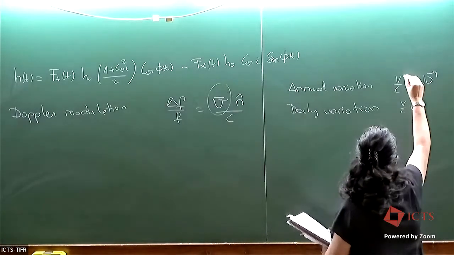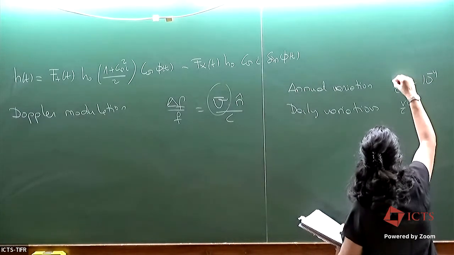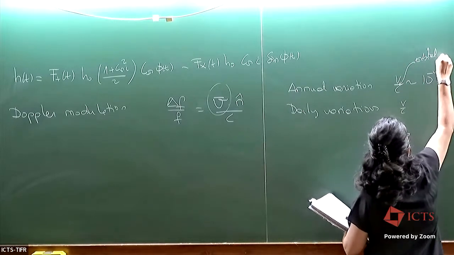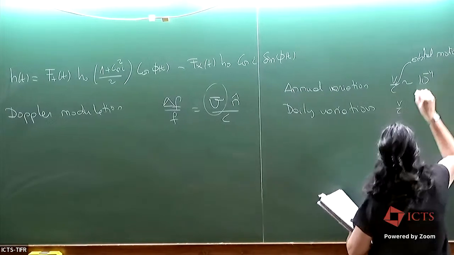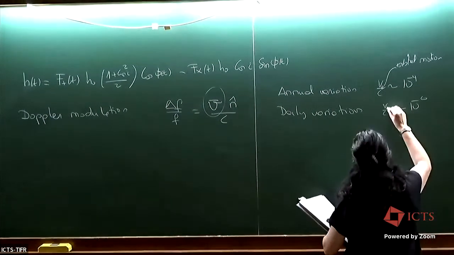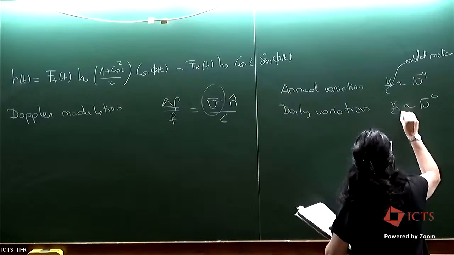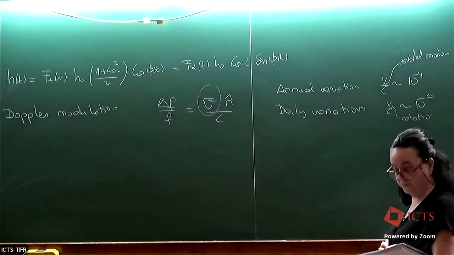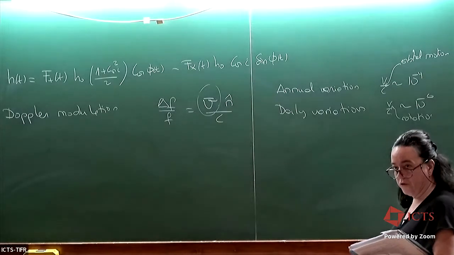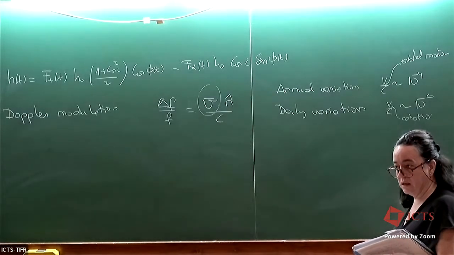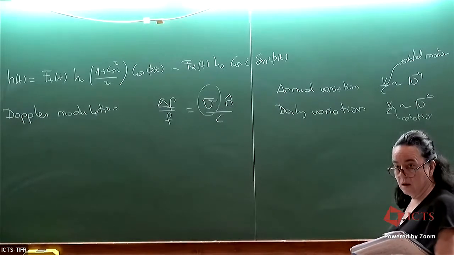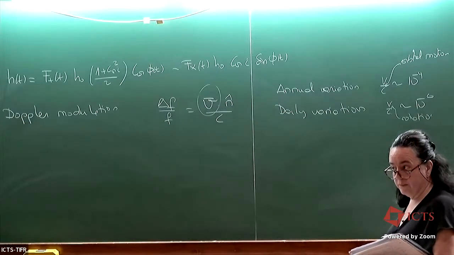So this is the v of the orbital motion, and this will be the v due to the rotation of the Earth. Of course, things get much more complicated if our source is not isolated, but in a binary system.